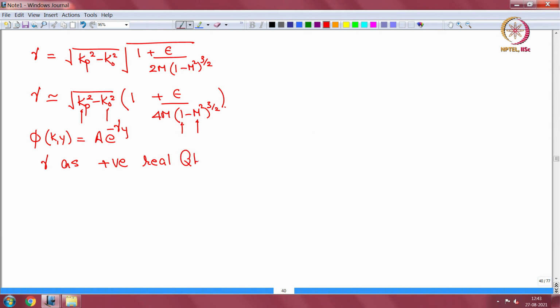And therefore the sound field phi of k, y, the acoustic potential, decays in the y direction. So this is the result of zeta equal to 1, the coupled root related to that.